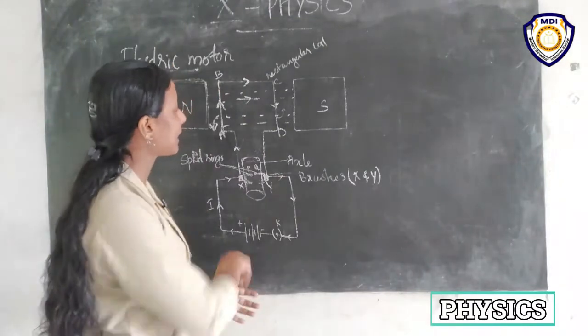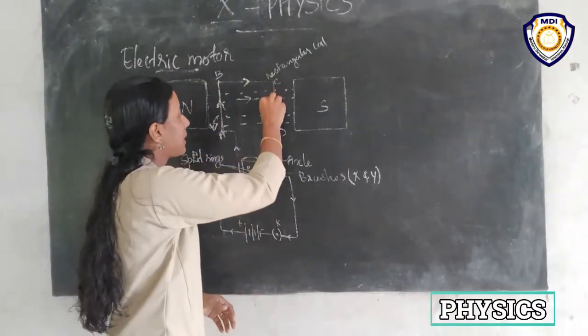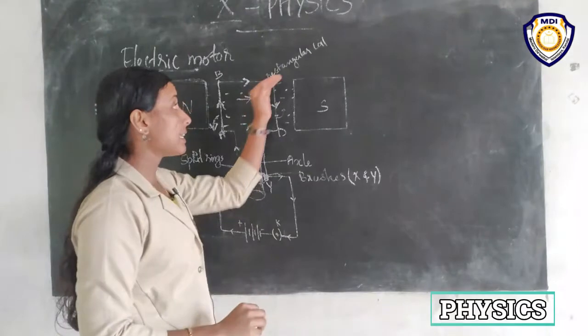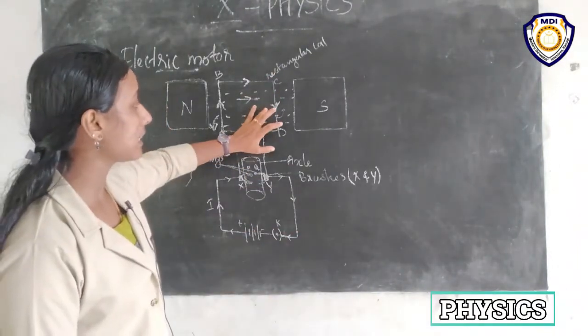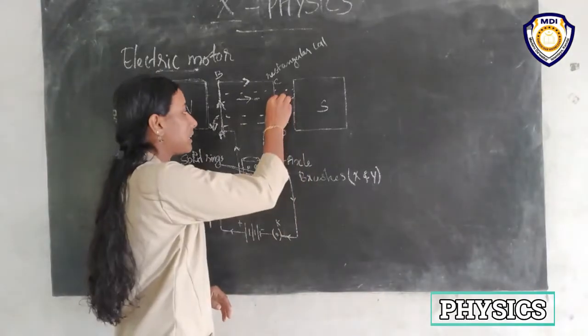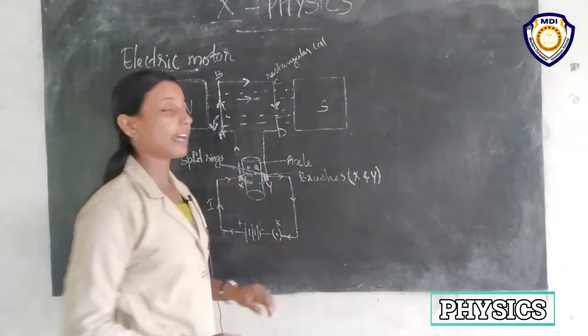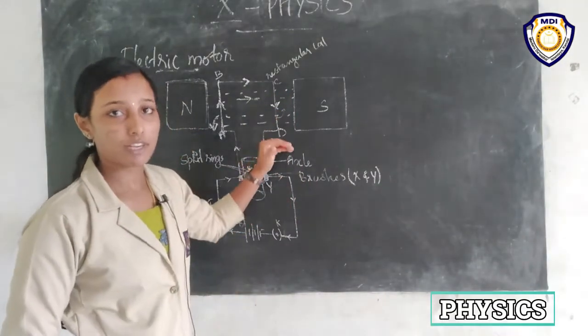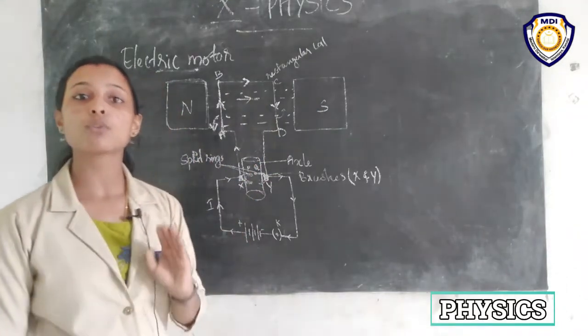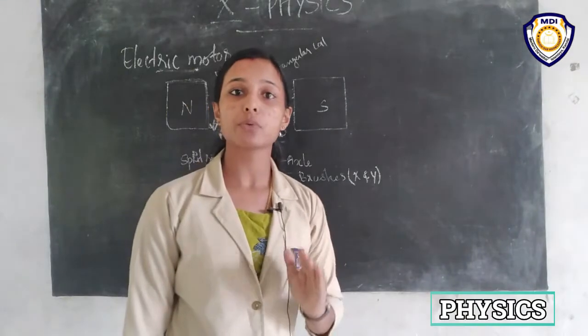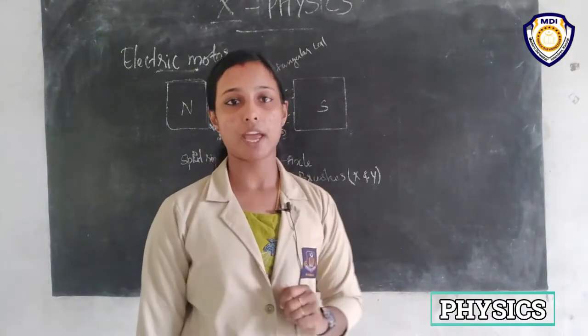Okay. And again, the current enters into the side CD. Here you can see the direction of current is in the downward direction. Here we have to find the direction of magnetic force by using Fleming's left hand rule.